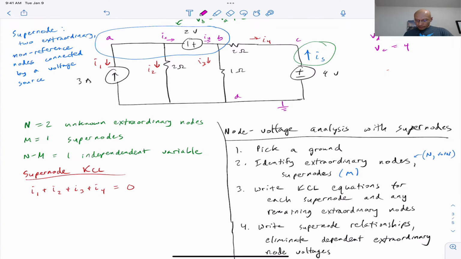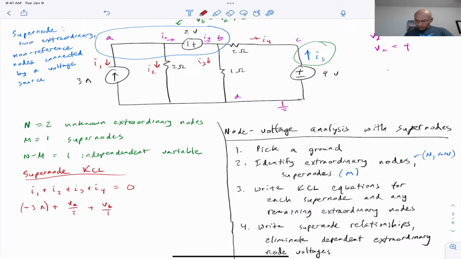We then need to write our currents using known current values or resistances and voltages. So we can recognize that I1 is negative 3 amps. I2 is VA minus 0 over 2 ohms, so we'll just put VA over 2. I3 is VB over 1.